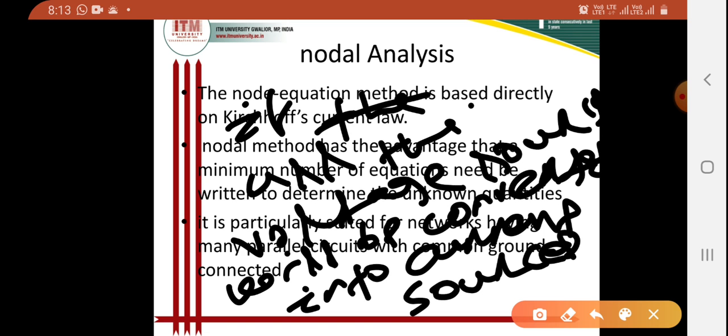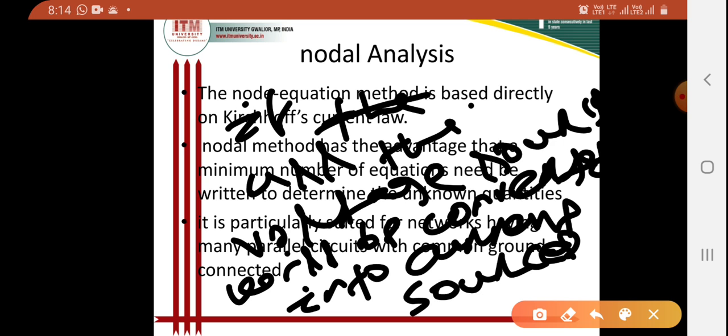Now I want to describe briefly what the method is exactly. I have to analyze nodal analysis on a network by applying Kirchhoff's current law. I want to analyze the nodal analysis method, so I have to consider two cases.